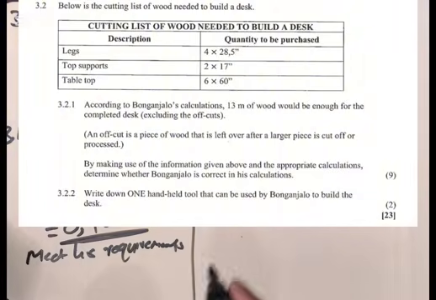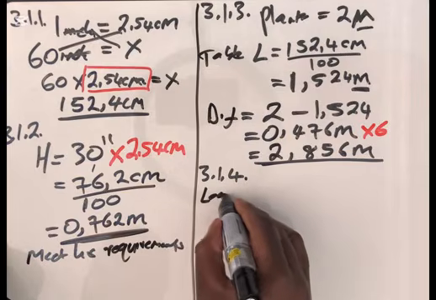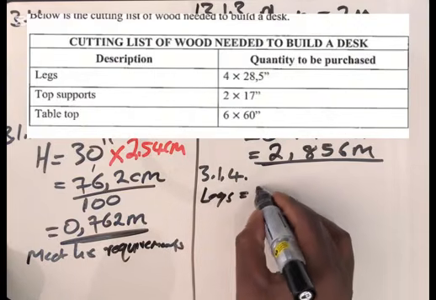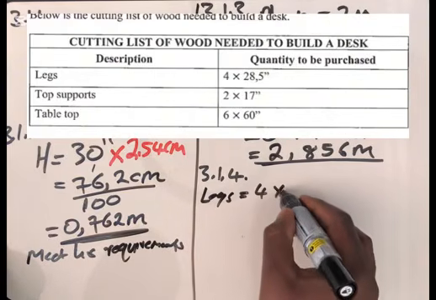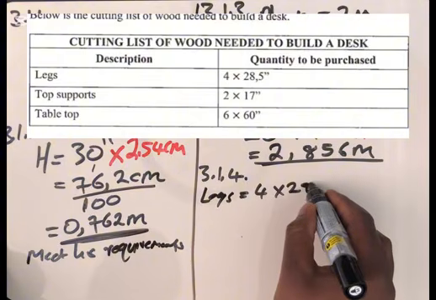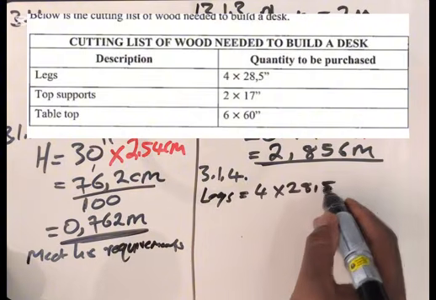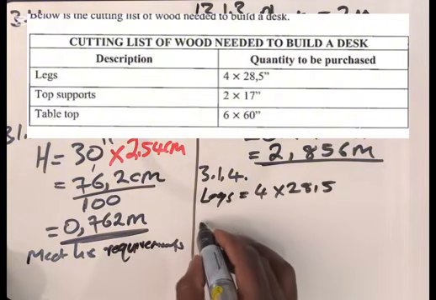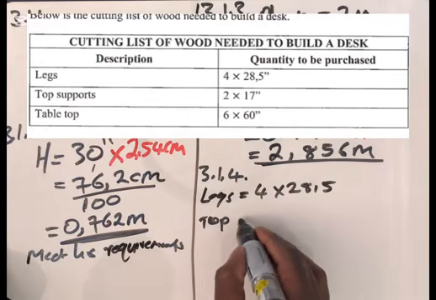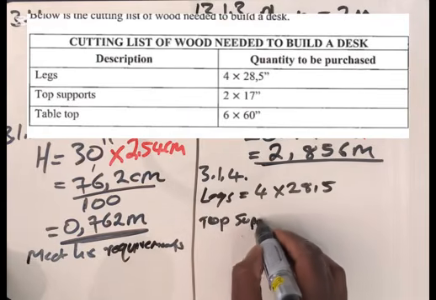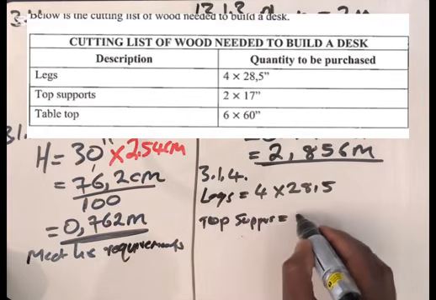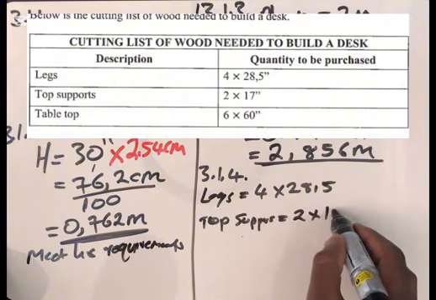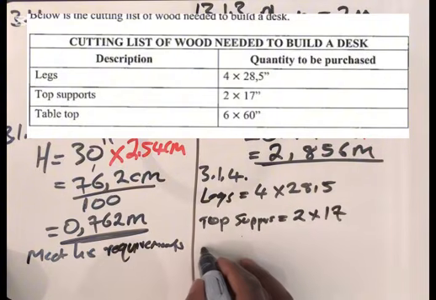So for legs, we're going to say 4 multiplied by 28.5. For top supporters, it is 2 multiplied by 17 inches.